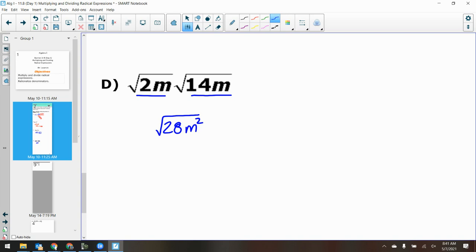No. So let's factor tree it down. So I'm going to do 2 and 14, and then 2 and 7. Do I have any buddies? Yeah, a buddy set of 2s. And then what's the square root of m squared? Just m. And then what's on the inside?